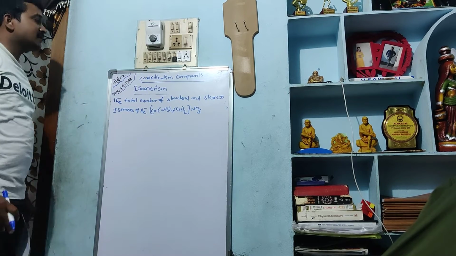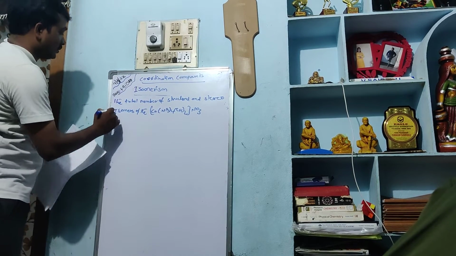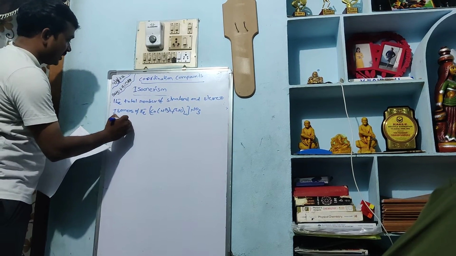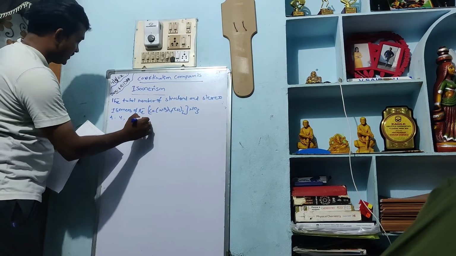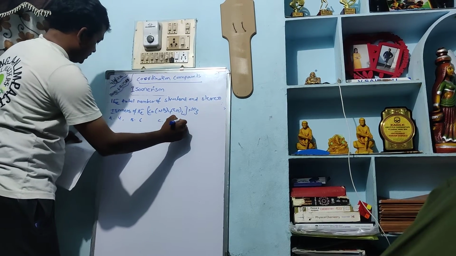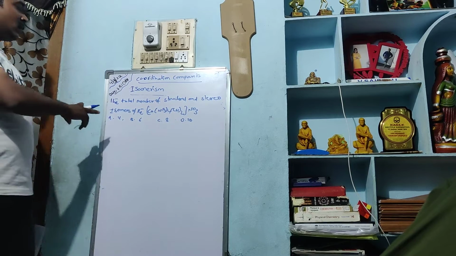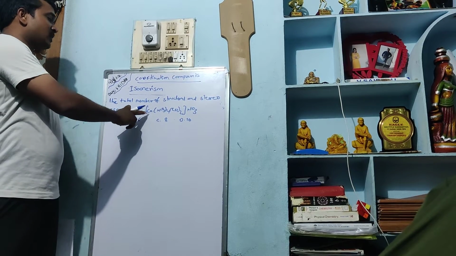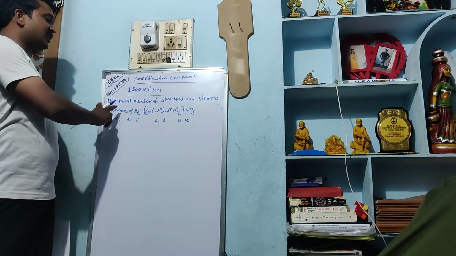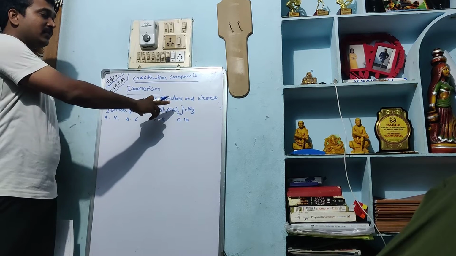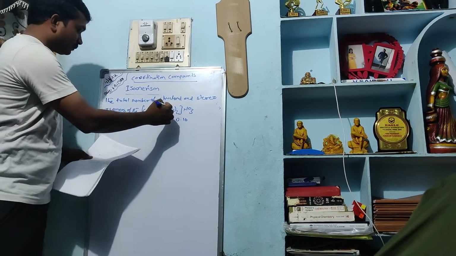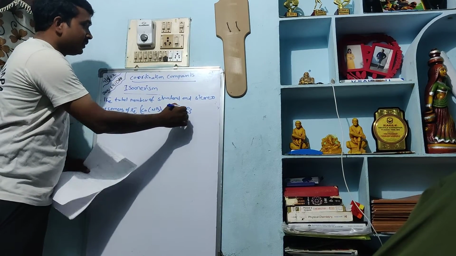In this complex, they will give you options. Option A is 4, option B is 6, option C is 8, option D is 10. We have to count the total number of structural and stereoisomers of cobalt tetraammonium dicyanide nitrate.